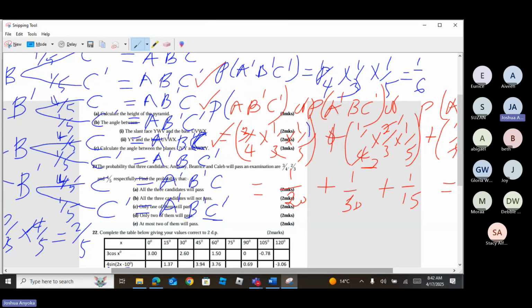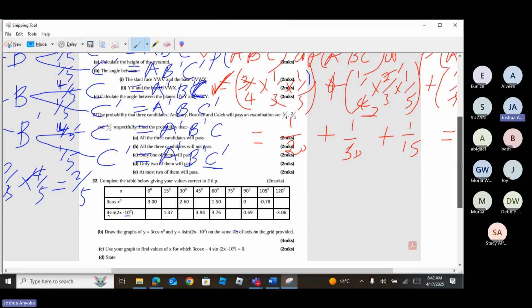Let's start with the first one. Anthony pass, Beatrice pass, Caleb fail. Anthony pass, Beatrice fail, Caleb pass. Probability of Anthony failing, Beatrice passing, and Caleb passing. So we have the 3 outcomes.